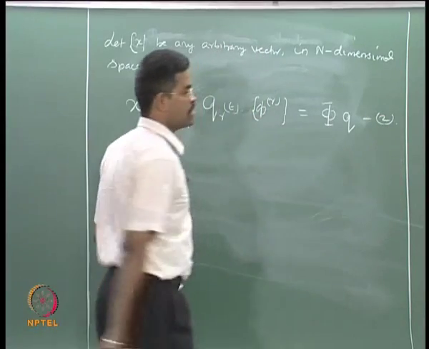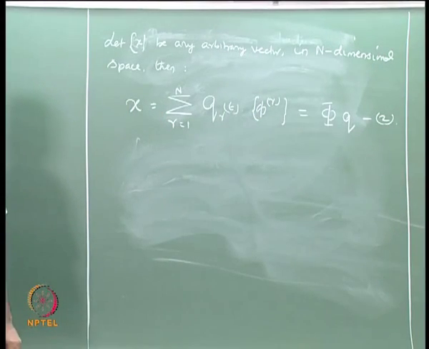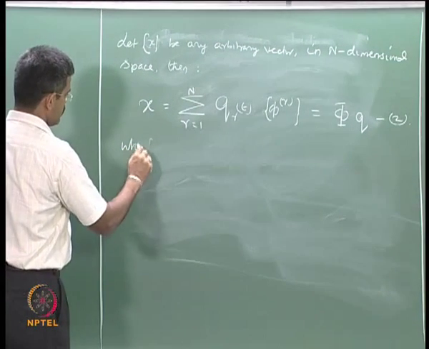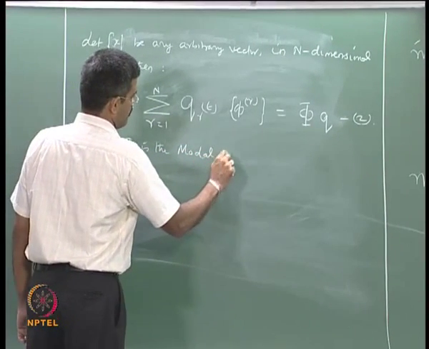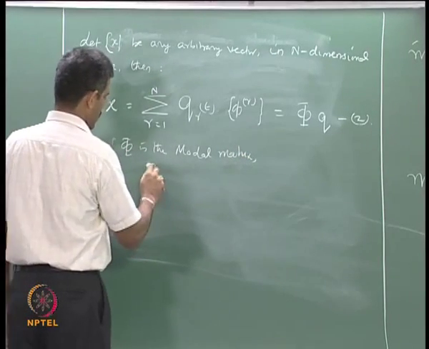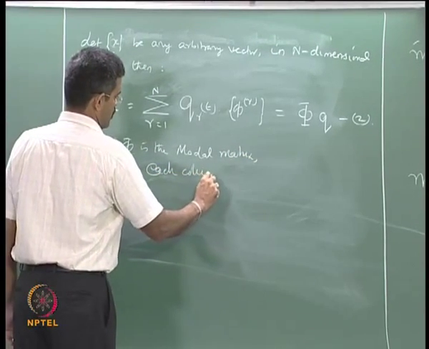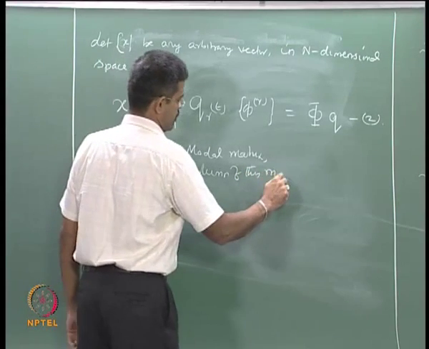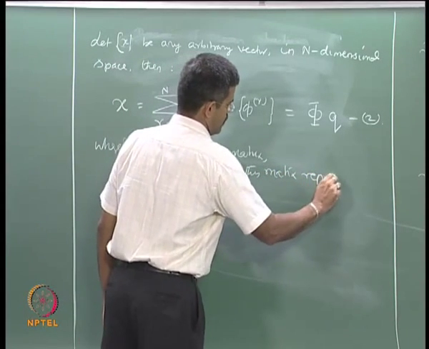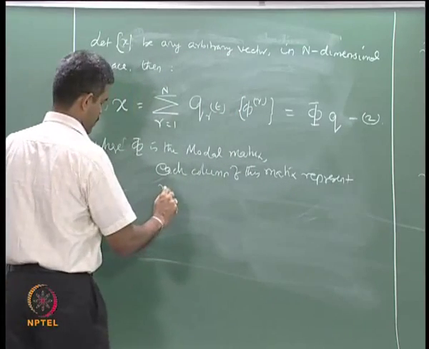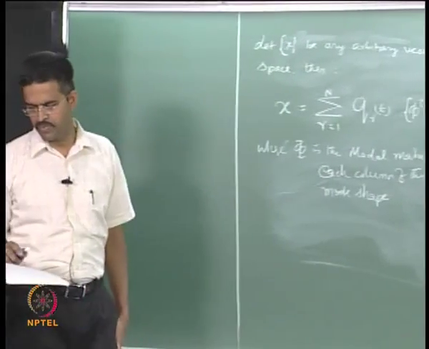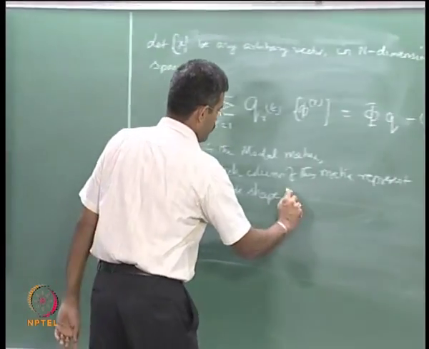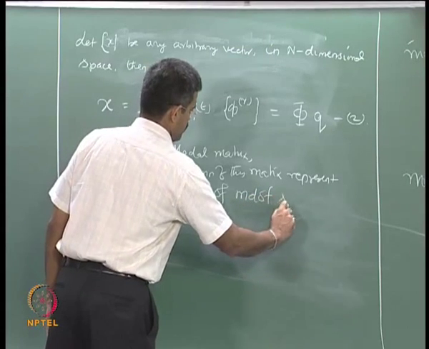Equation number 1 was the equation of motion which we had previously. Now, in this case, obviously phi is the modal matrix, each column of this matrix represents the mode shape of the MDOF system.